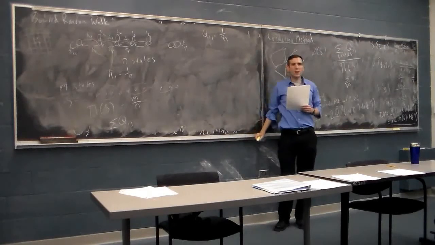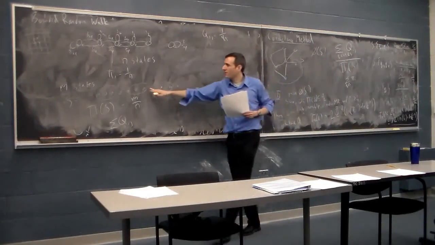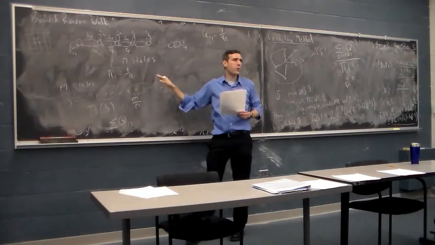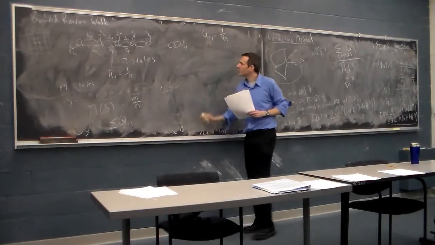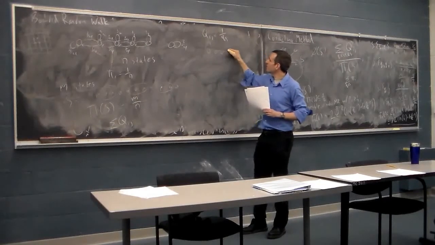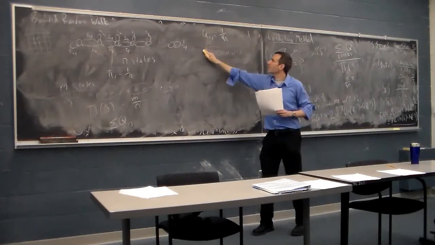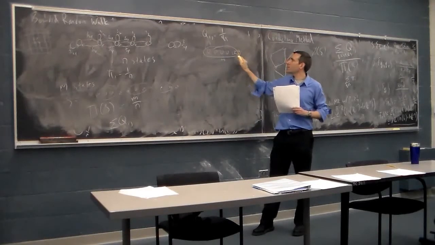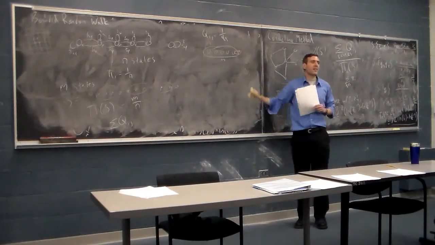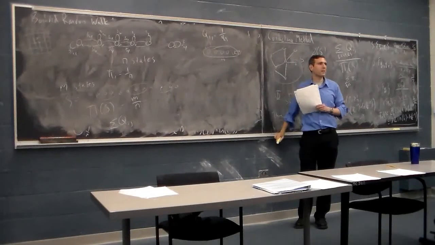And so what we want to do is figure out how to position our M states to have as few edges between S and not S as possible. It should be pretty clear that the way to do that is just pick the first M states. Then we've only got one edge between S and not S, and that's going to minimize the numerator.